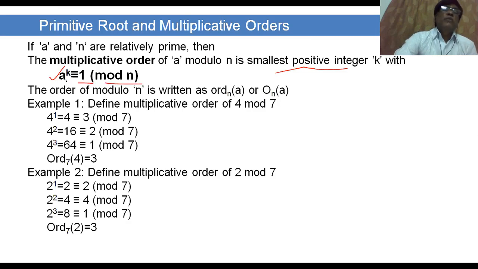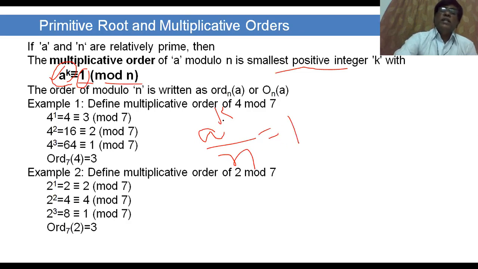That means whenever you divide a power k by n, you should get 1 as the remainder.